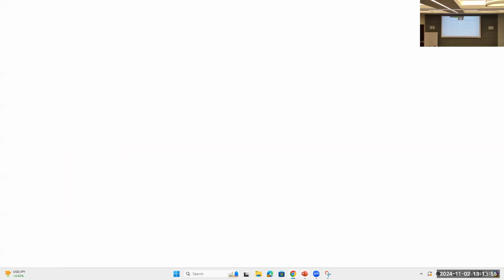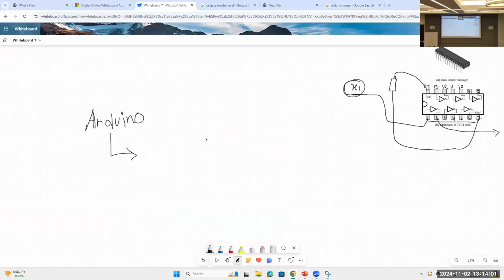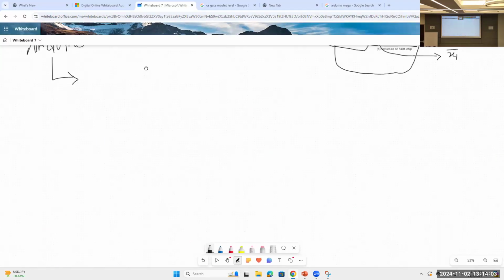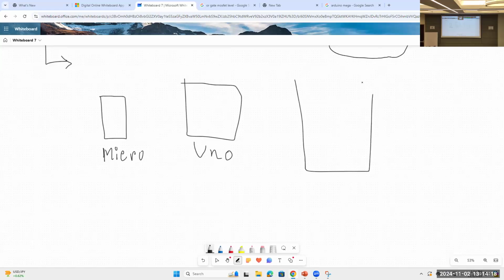Let me draw it. The very small version is called Arduino Micro, the bigger version is called Uno, and the biggest version is called Mega.